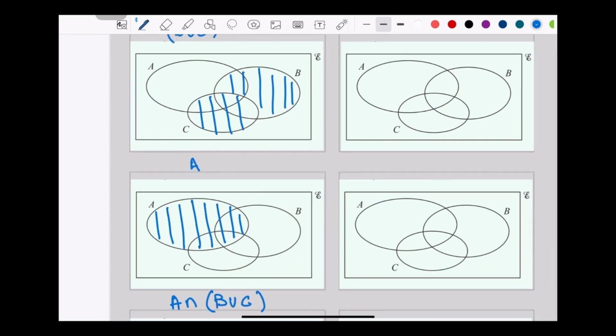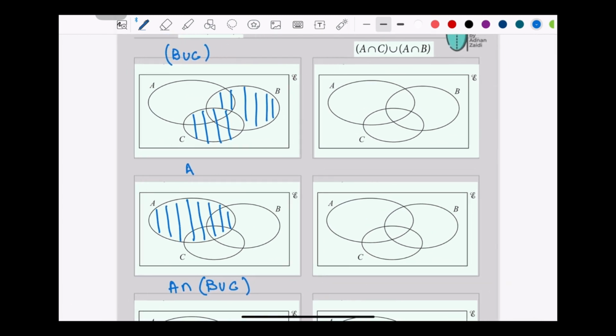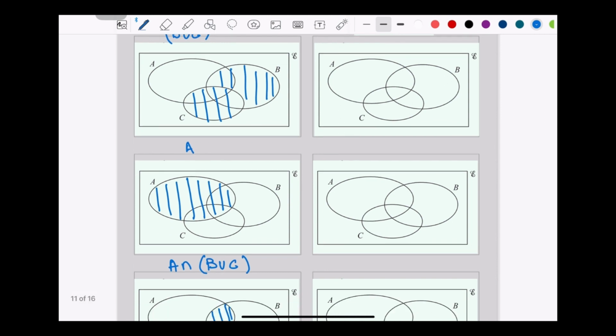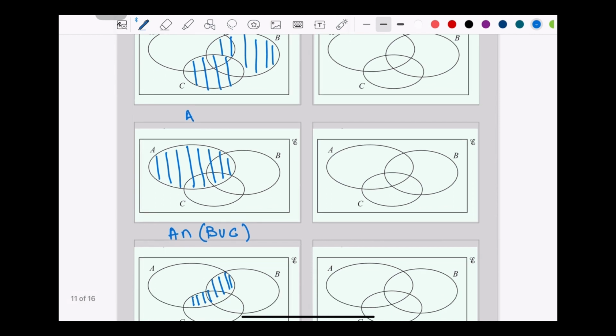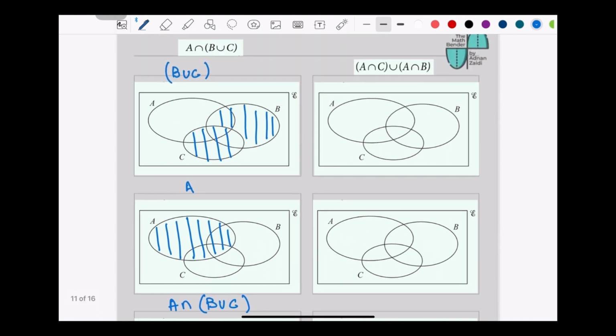So just look at it once again. This is B union C here. All of it is shaded. The other one is A, all of A, and the region that is common is this much left. I'll try to shade it with a different highlighter so that you can see the overlapping separately.